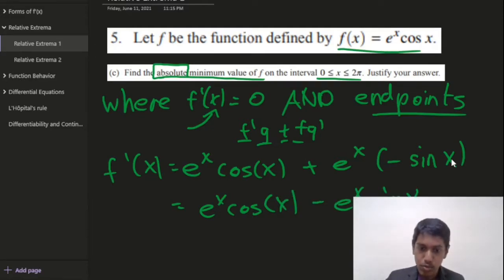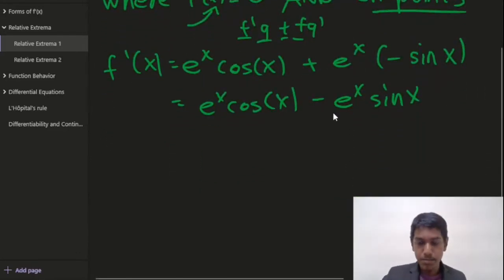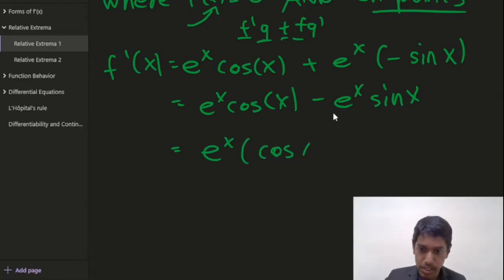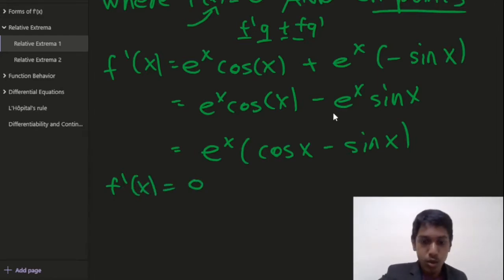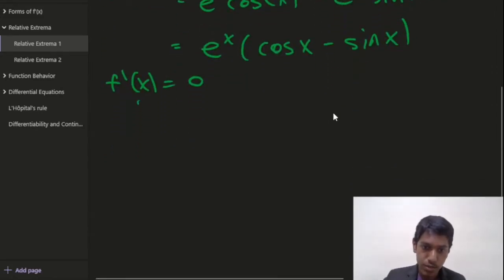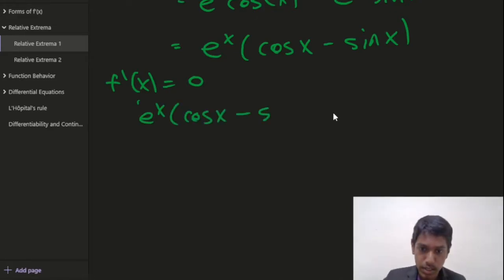I'm going to factor out e to the x just so it's a little simpler, and also it'll come in handy because we want to find where this is 0, right? So now we set f prime of x to 0. So we set this value here, e to the x times cosine x minus sine x, equals 0.